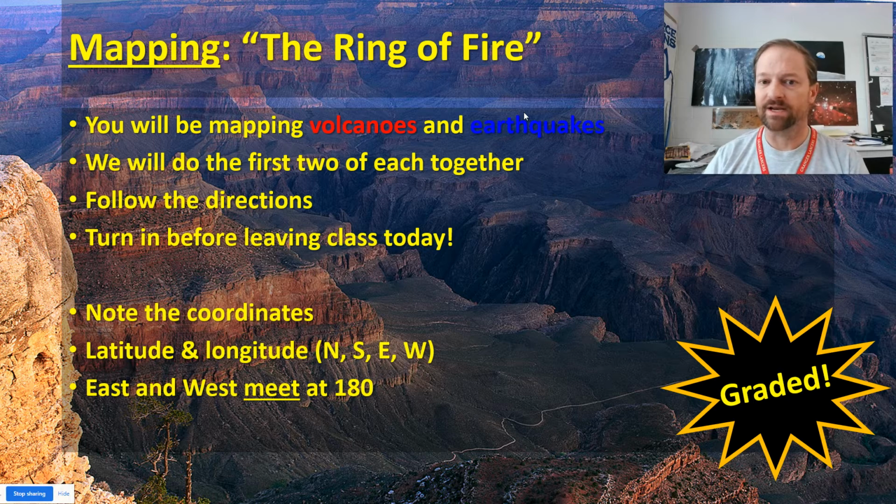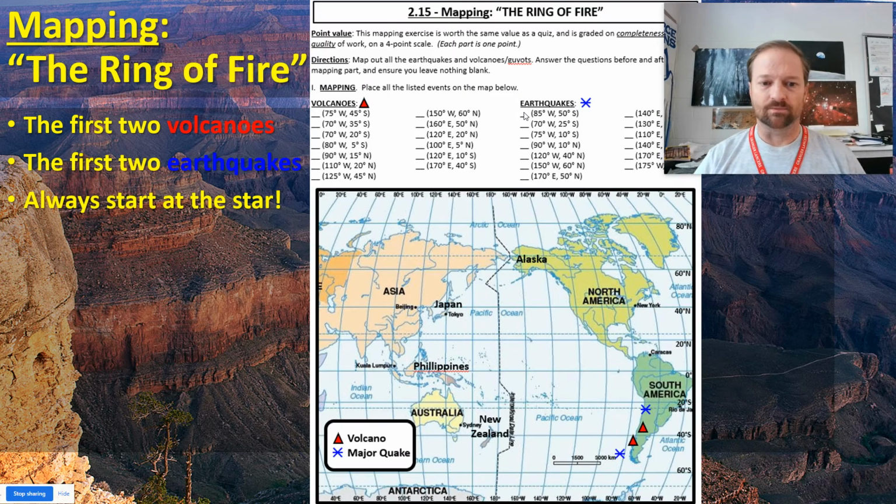This is a graded activity. Make sure you turn it in before the end of the quarter, and you'll be good to go with your grade. Here we go. So, looking at the paper, you can see I've got a screen capture of it right here in front of you, and over here is a list of coordinates: longitude, north, south, and east and west, latitude, longitude, and we're going to be mapping those together.